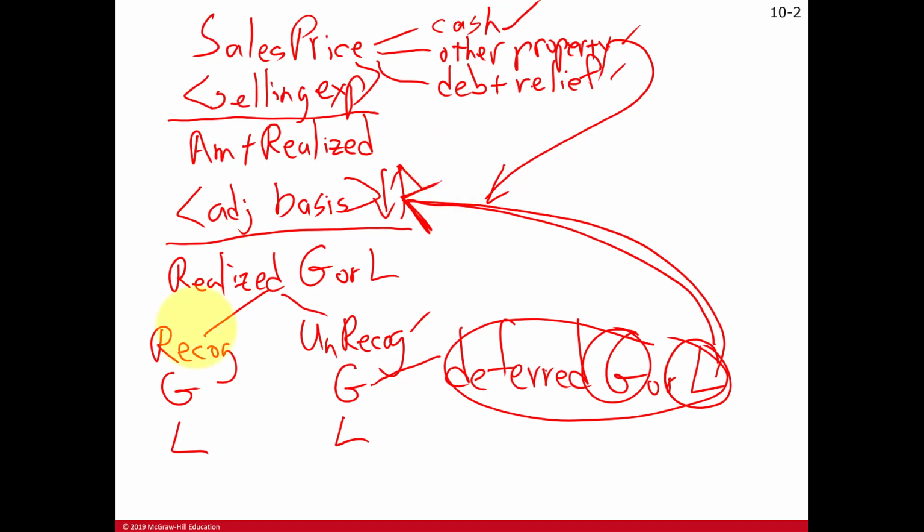But let's focus on this recognized gain, or recognized loss. Really, it's the recognized gain. So how are we going to be taxing this gain? The best type of gain, of course, is unrecognized, tax free.